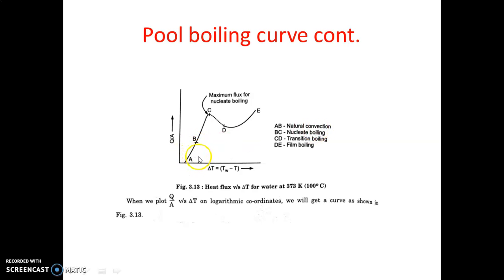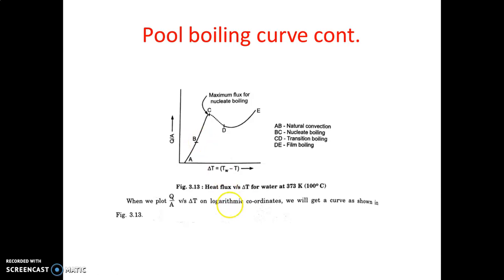Then if we increase the temperature or delta T, the slope is greater than in AB. This part is BC, called nucleate boiling. What is happening in nucleate boiling?